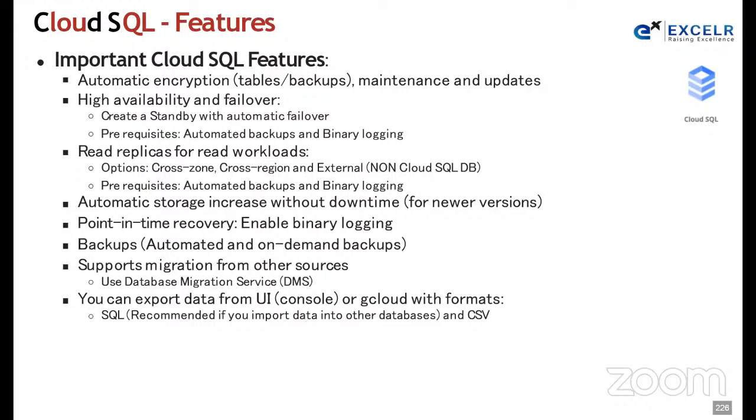If you want to improve the performance of your database, then you should use read replicas, which are nothing but a copy of your database, used only for read-only operations. This can be across zones, across regions, and it can also be an external database, which is very unique to GCP.